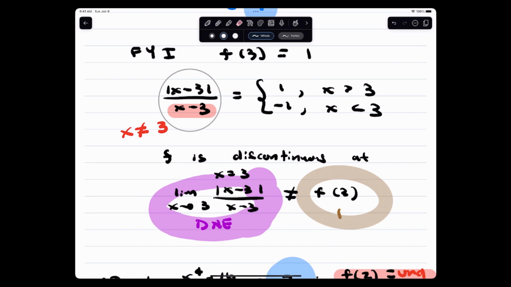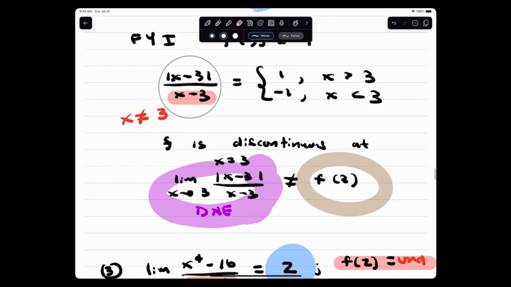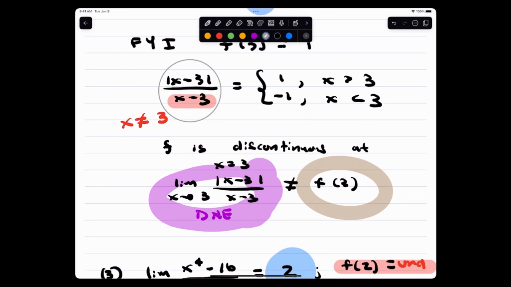So even though it's piecewise with the absolute value, because it's in the form of that quotient and you could never divide by 3, you throw it out. So now you say, what does that mean? That means right in here, f of 3 is going to be what? Undefined. It's still not continuous, but f of 3 is undefined because you can never divide by 3. All right? You guys okay with that?